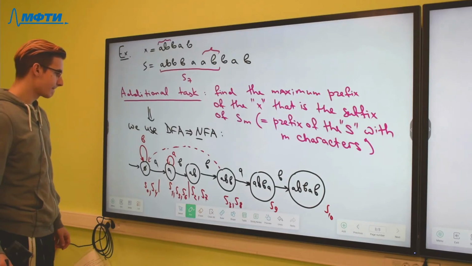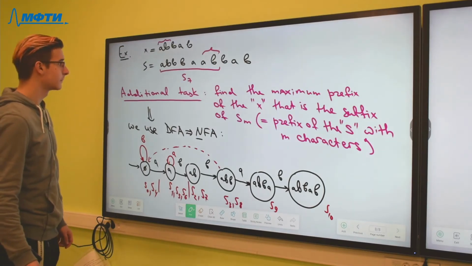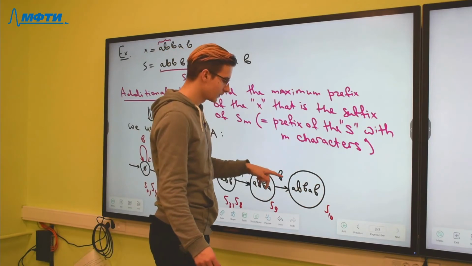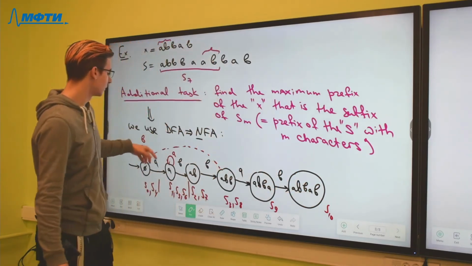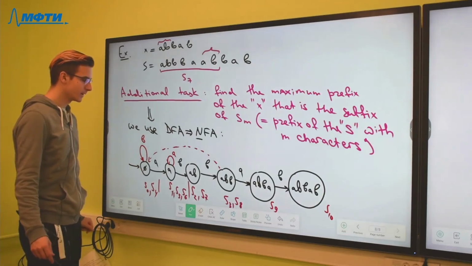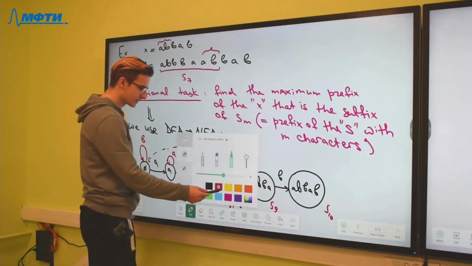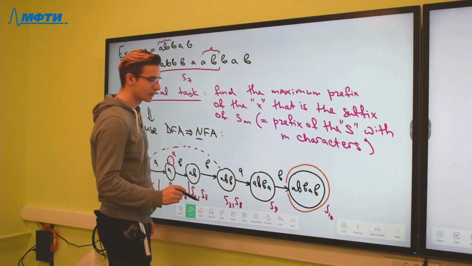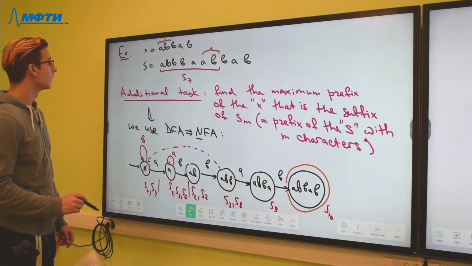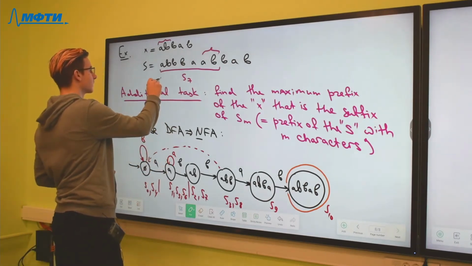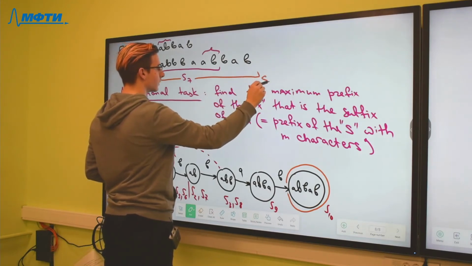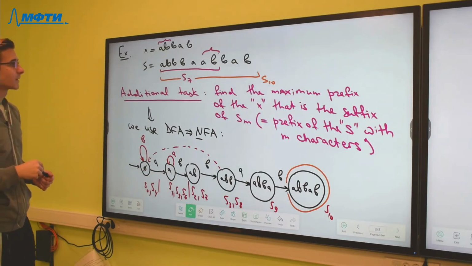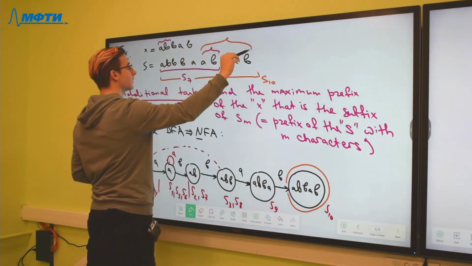And if, for example, some prefix is in the last vertex of this finite automaton, it means that the last characters of this prefix of S are equal to x.